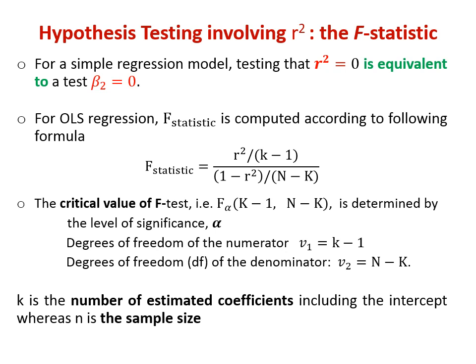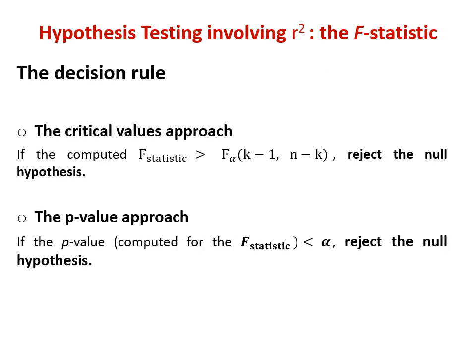Now let us consider some numerical examples to illustrate how to perform hypothesis testing involving R-squared. Before considering any numerical examples, let me remind you that we have to identify the decision rule related to hypothesis testing involving the coefficient of determination, as we have already done in the previous lecture for the OLS regression coefficients.